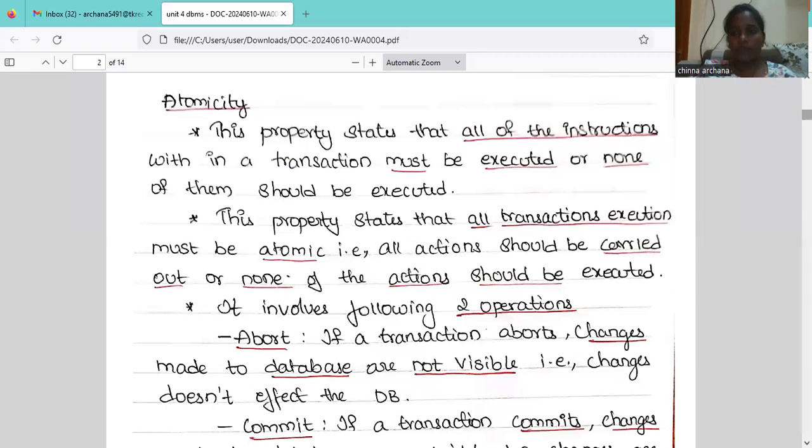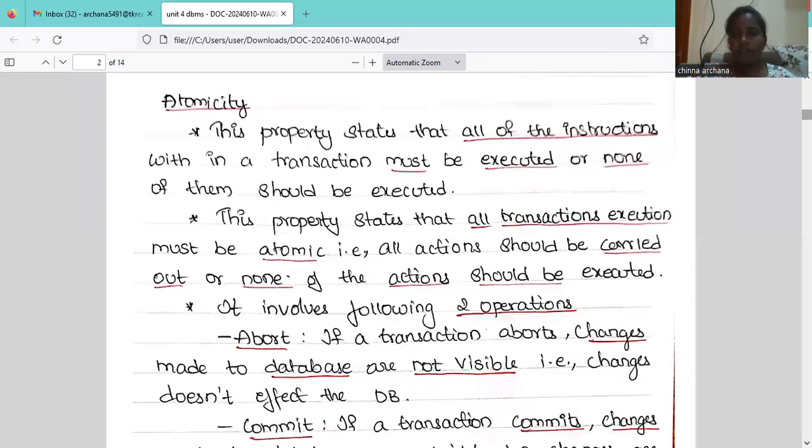We have already discussed the definition of a transaction: it is a set of logical instructions, or a set of read and write operations, which perform certain tasks.